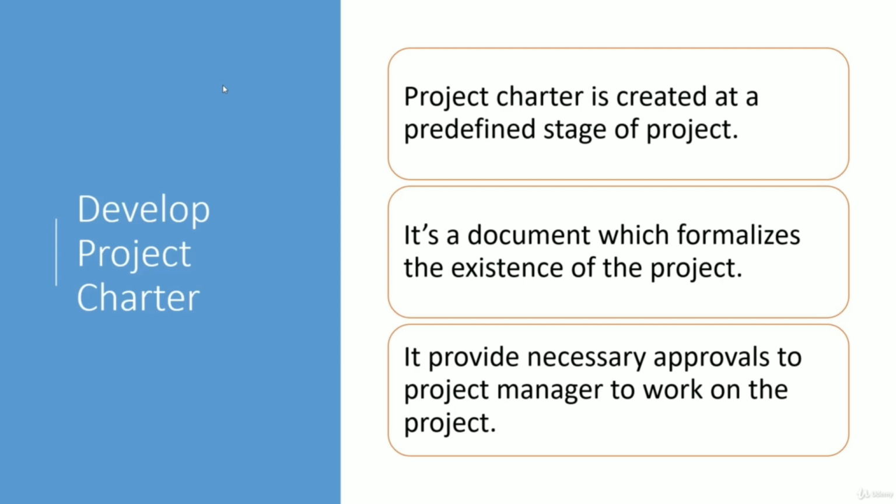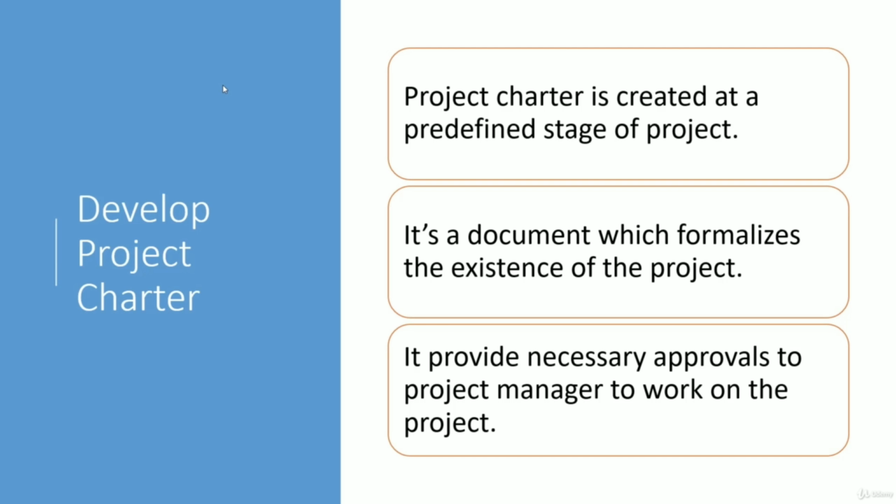What I mean by that is that they need to create their project management plan, they need to assign resources who will work on it. So unless there's a project charter, a project cannot exist. This document formalizes the existence of a project. That's why this is the first document which should be created as soon as a project needs to be initiated.